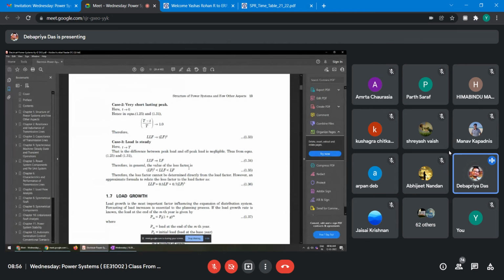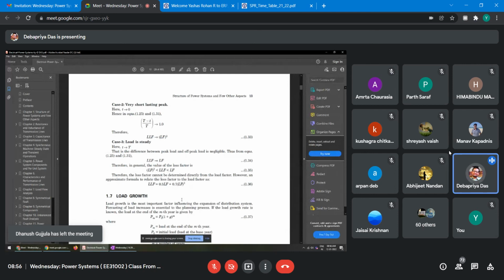From this, you can find out the loss factor will be less than the load factor and greater than or equal to load factor square. This is true actually. Generally, from statistical data collected from the distribution network and analyzed, it has been found that in town or city areas, this is true: 0.3 LF plus 0.7 LF square.